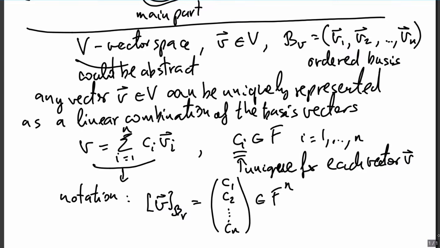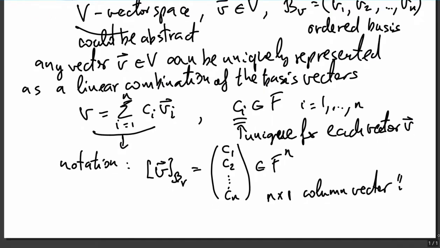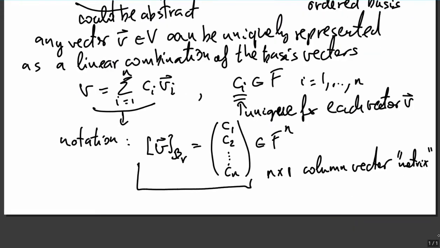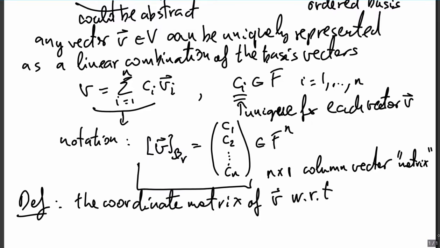Although this is only an n by 1 column vector, of course we can also call this a matrix, since it's an n by 1 matrix. So the definition is that we call this the coordinate matrix of V with respect to basis BV.